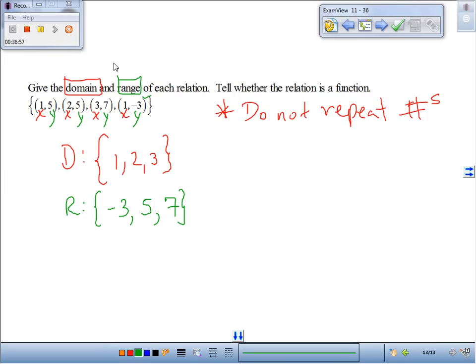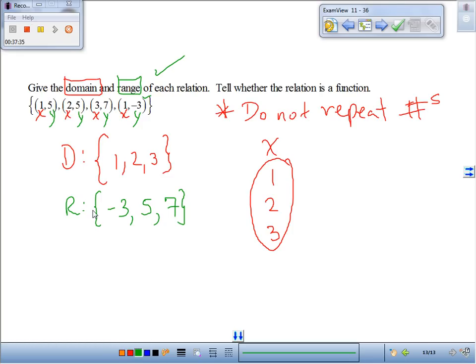So, check this out. The first part says, give the domain and range of each relation. So we're done with the first part. Some of you forget to read the rest. Tell whether the relation is a function. So let me show you the easiest way. You're going to write the domain like this. Remember those mapping diagrams?